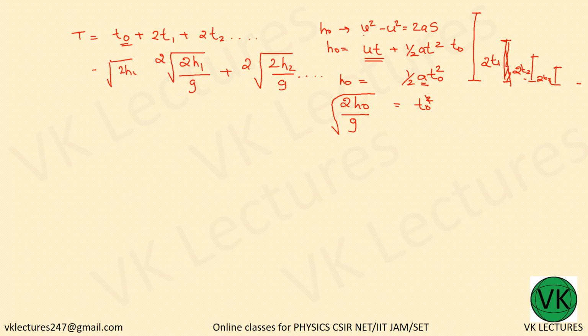So root of 2 h naught by g plus. Now the next thing we need to do is write h1, h2 in terms of the coefficient of restitution and h.